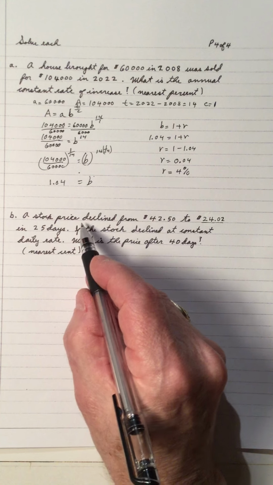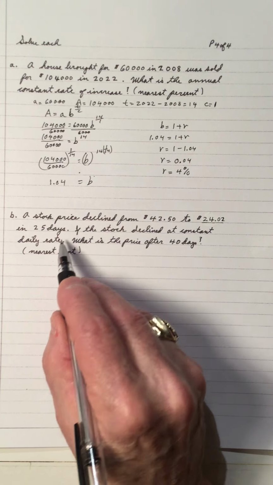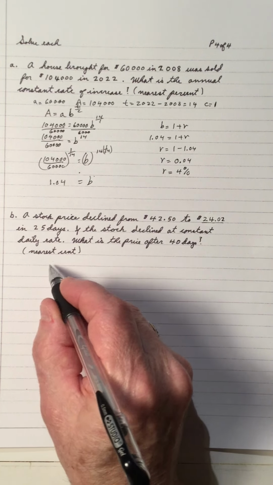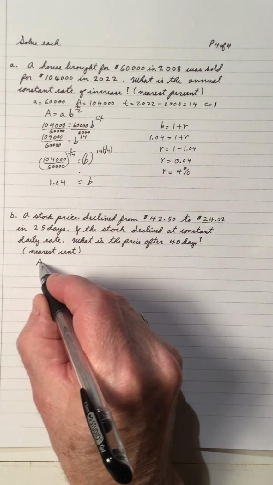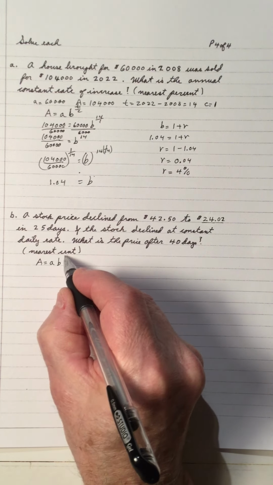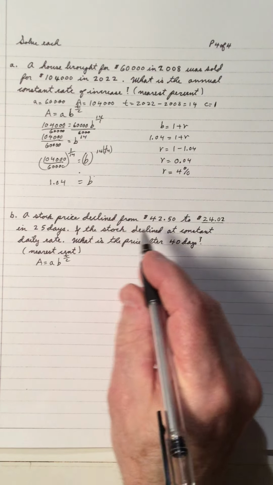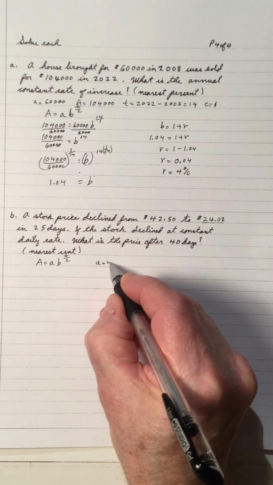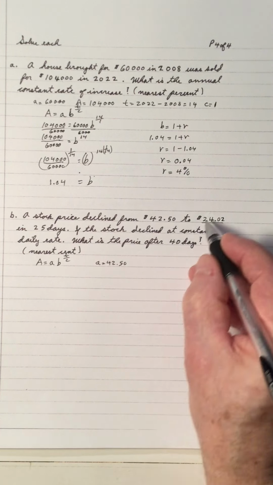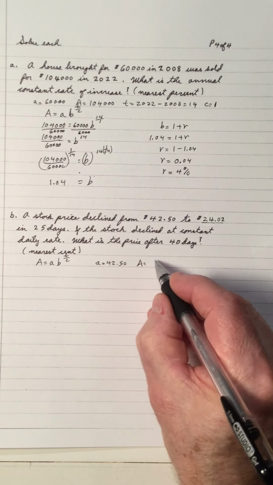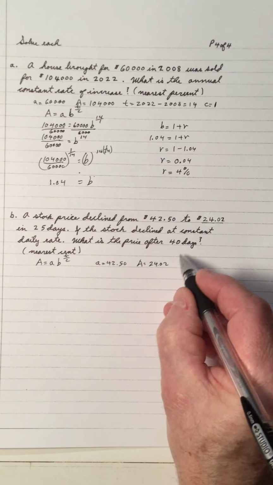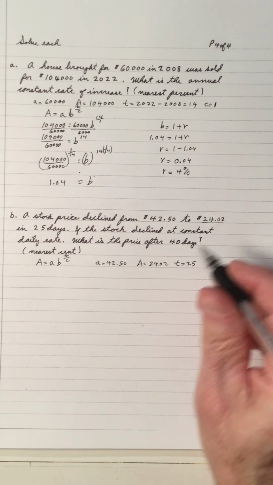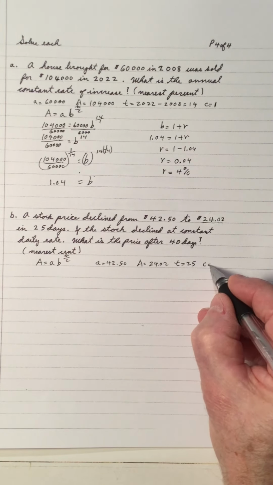Well, we don't know the rate, so what we need to do is look at A equals small a base b to the t over c. So the initial price is 42.50. What it ends up after a certain period of time is 24.02, and the time is 25 days, and this is happening daily, so c is 1.